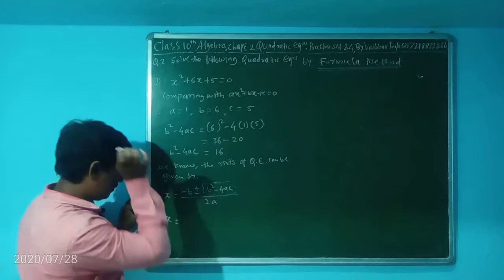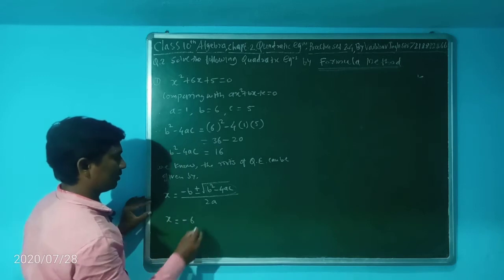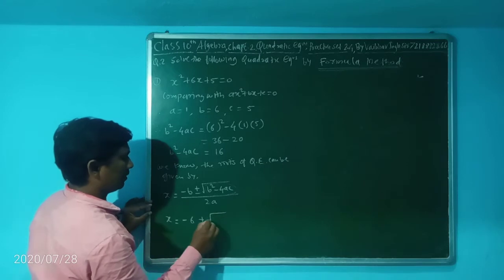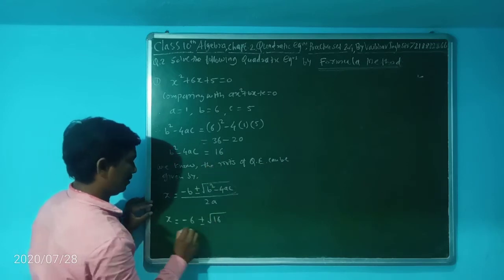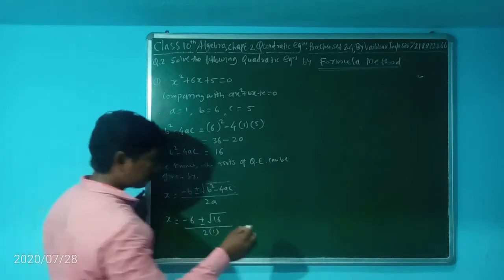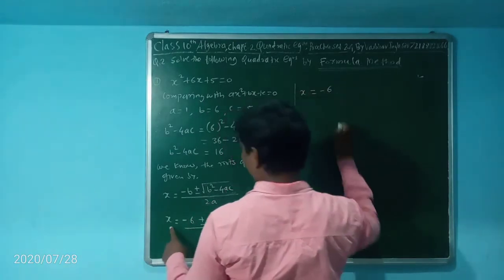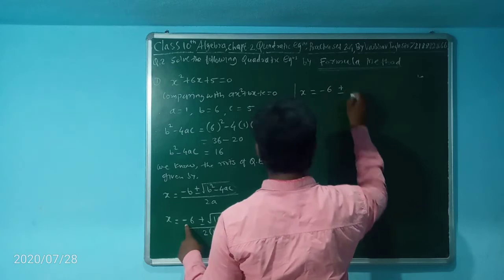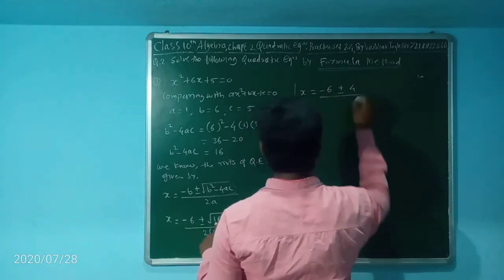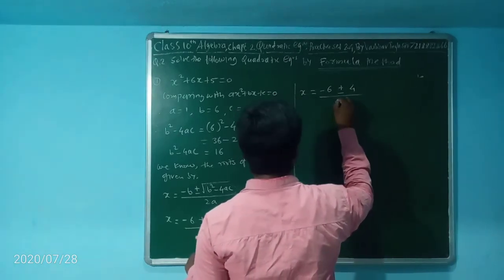So x equals to minus b, that is minus 6, plus minus under root b square minus 4ac, that is under root 16, divided by 2 into a, that is 2 into 1. Okay, now x equals to minus 6 as it is, plus minus under root 16 can be written as 4, square root of 16 is 4, divided by 2 into 1, that is 2.